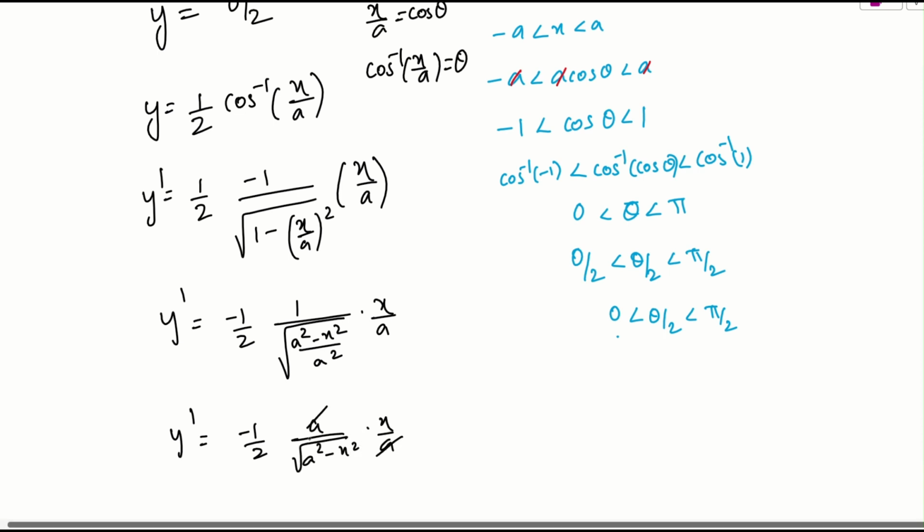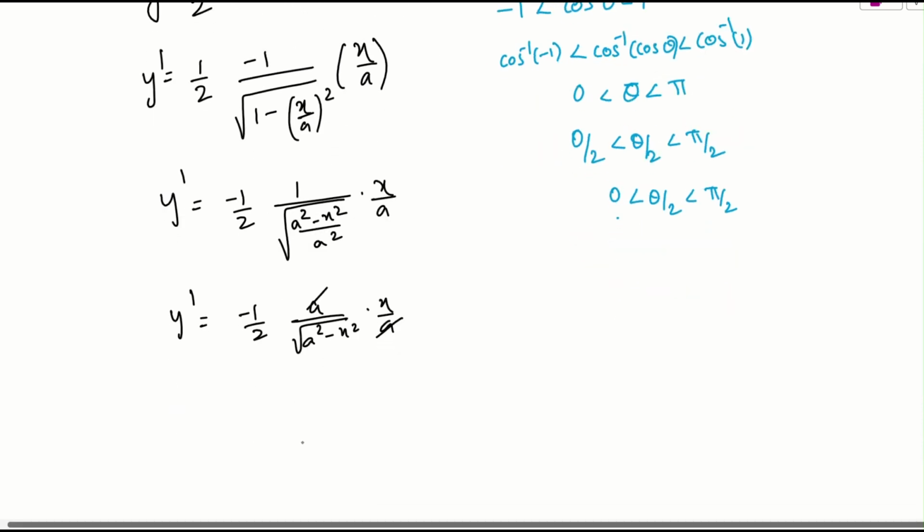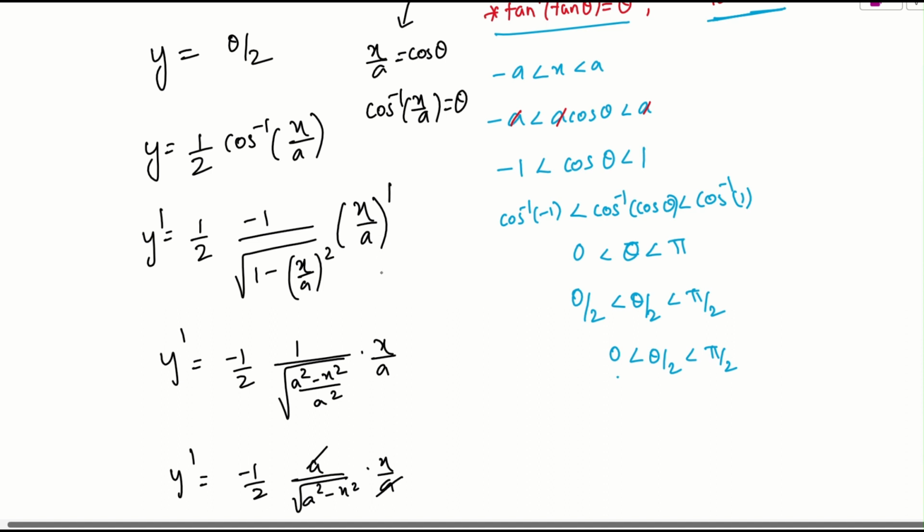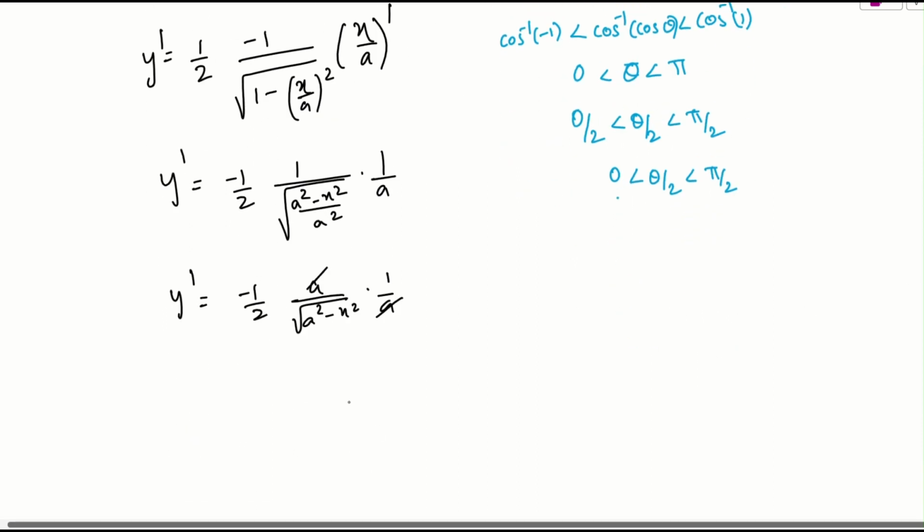Just a second. What is x derivative? The derivative of x by a is 1 by a, not x. I'll be applying the internal derivative. So finally I'll be getting y dash is equal to minus 1 by 2 into root of a square minus x square.